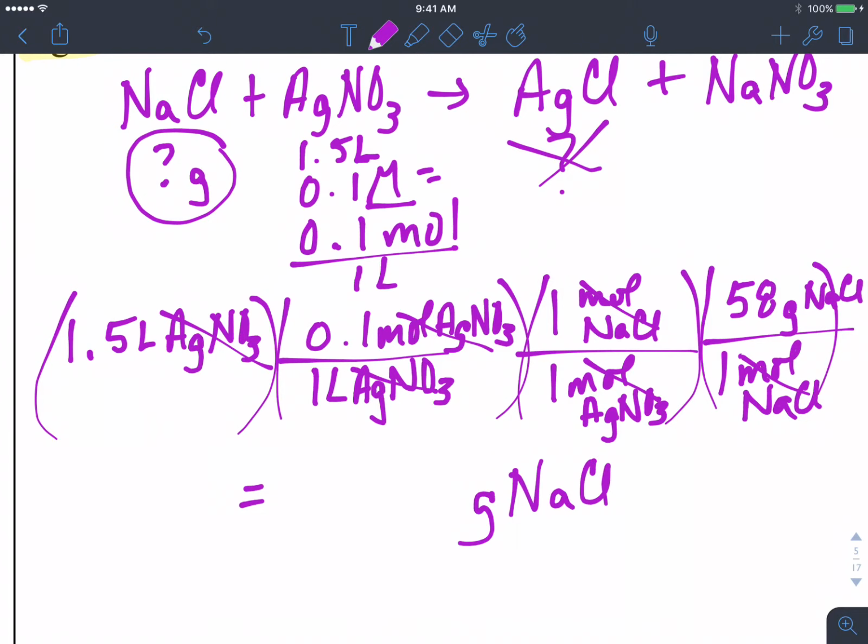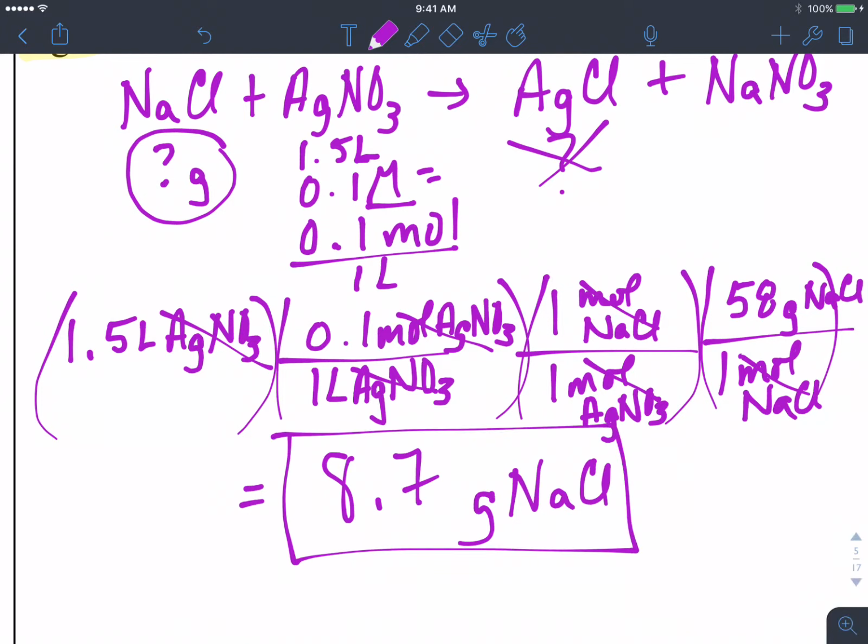The answer for this, if you do all the math, is roughly 8.7 grams. So this means that it would take 8.7 grams of NaCl poured into 1.5 liters of AgNO3 solution, that is 0.1 molar, in order to get all the Ag ions to become AgCl.